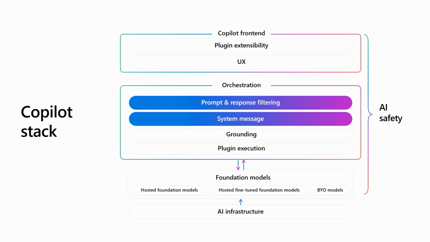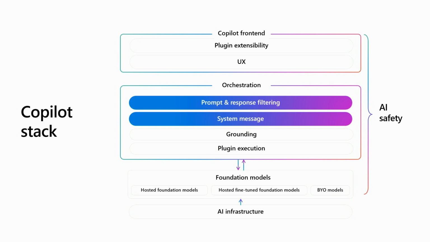And as we're moving up the stack, we see that AI safety really spans all of these layers, from the foundation model that you choose that is right for your specific application and use case, to that orchestration layer that spans many different things, from grounding your foundation model, to the system message that you can use for use case specific instructions, including safety instructions, to prompt and response filtering, your content safety system. That's the orchestration layer, all the way up to your Copilot front end, your application, and your UX.